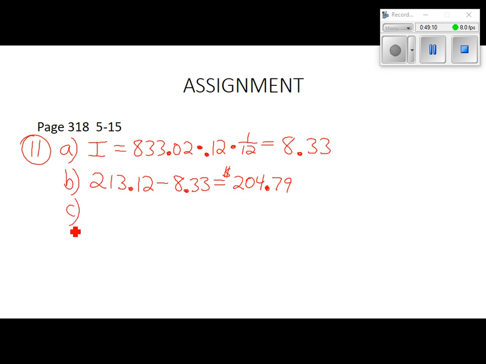Once we know that, our principal for this month was 833.02. And we subtract off the amount that we paid towards the principal, which is the 204.79. And what's our new balance on this loan? $628.23.